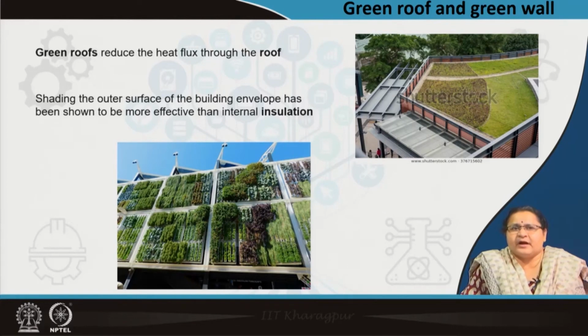Now, yes, from outside any shading, not allowing the entry of sunlight, will obviously be an effective barrier to thermal gain. So, instead of putting internal insulation, you are giving a different kind of look to the building and at the same time preventing the sun rays or the surface from getting heated and heat being trapped inside.